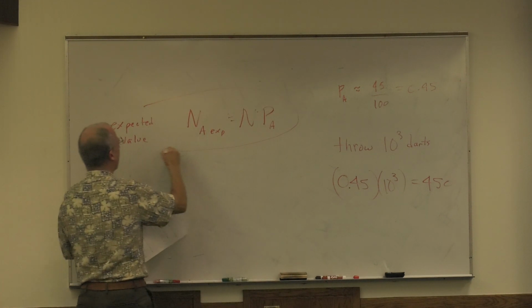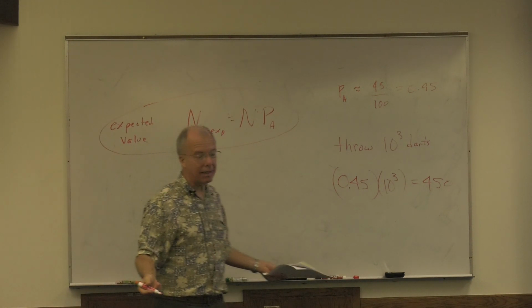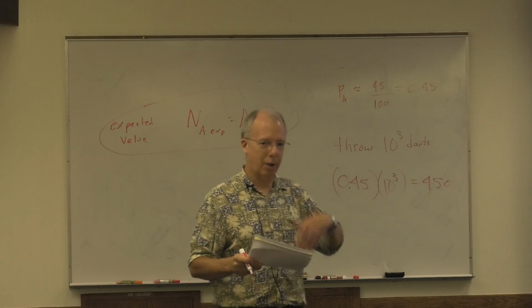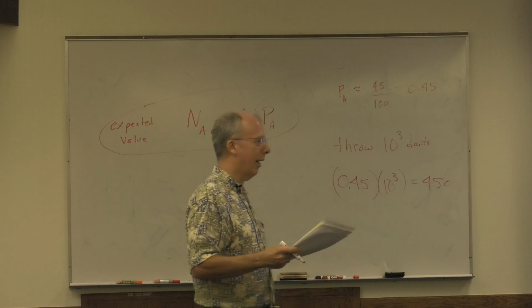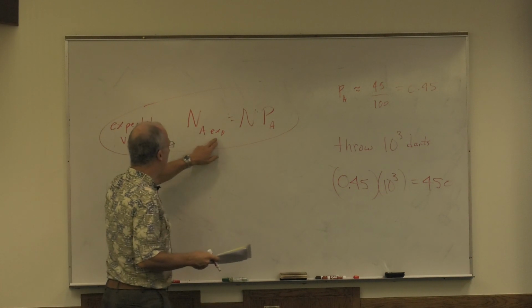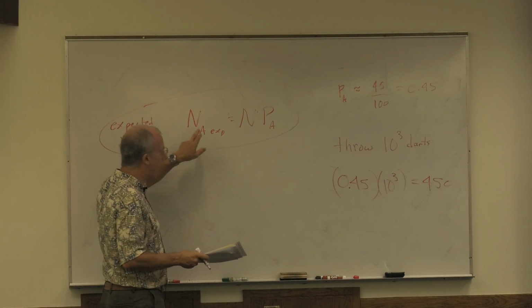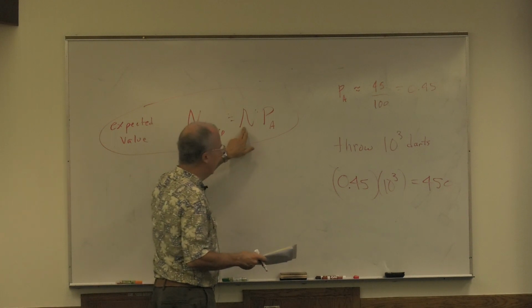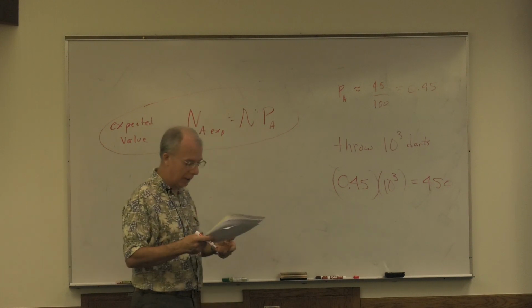So this is a big deal. It makes perfect sense, but you want to remember it because we're going to use that later on in a slightly different form, right? So the number that you expect in region A is the total number that you throw times the probability it's going to be in A.